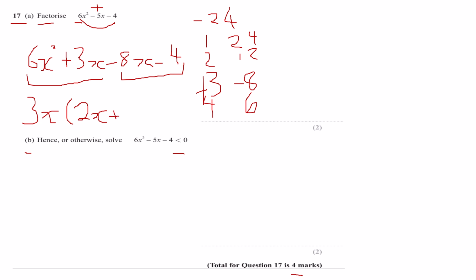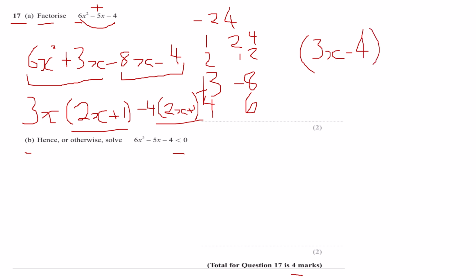Then I'm going to have minus 4, since the highest common factor of 8x and 4 is 4. 4 lots of 2x makes 8x, and minus 4 lots of plus 1 makes minus 4.